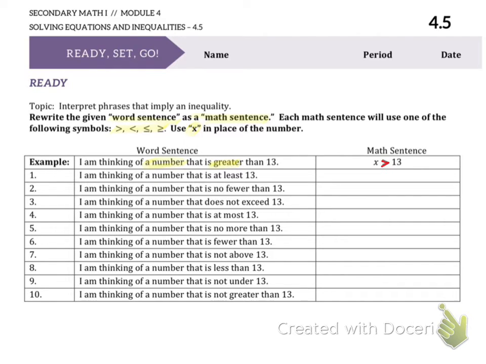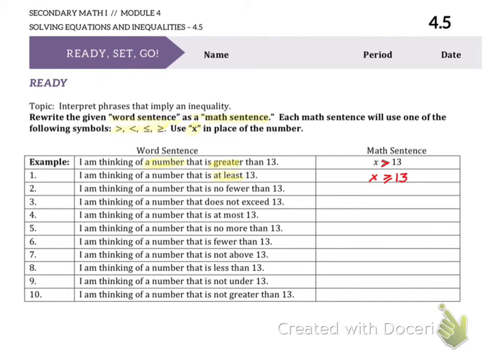Then the second one is, I'm thinking of a number that is at least, means the lowest value it can take is 13 but not below that. So when I write it, I would write x is greater than or equal to 13.